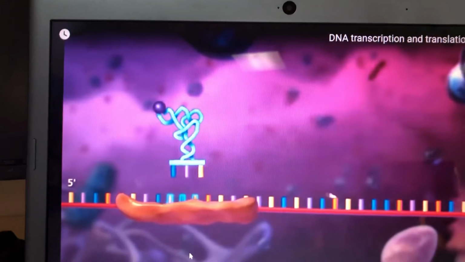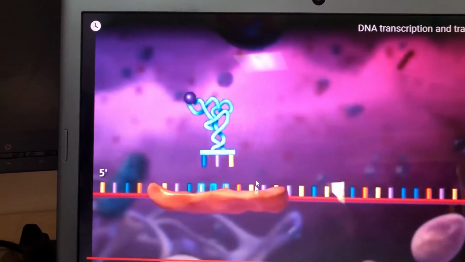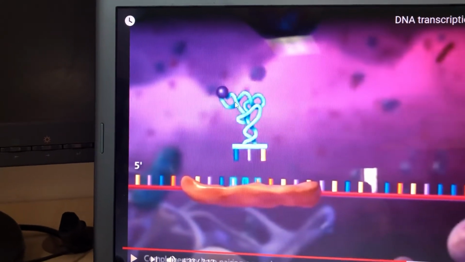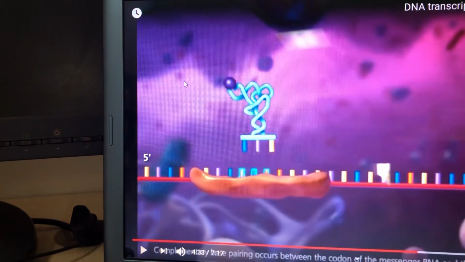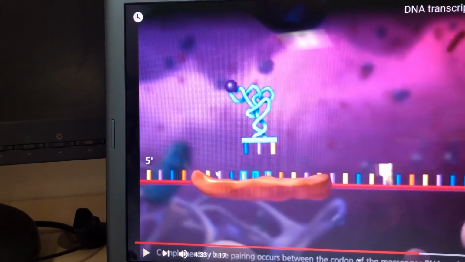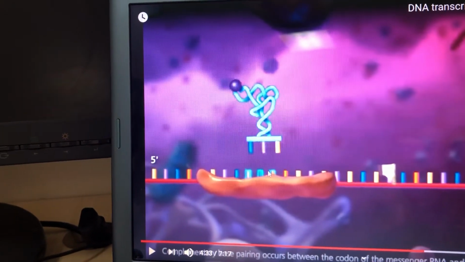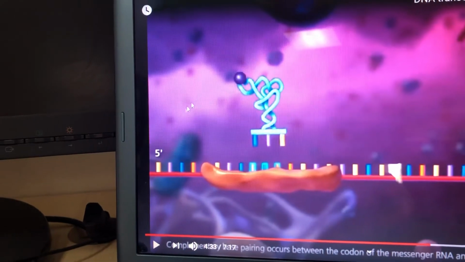So, translation needs three parts. The first part is the ribosome, and the second part is the tRNA. tRNA is the transfer RNA, which transfers amino acids from the cytoplasm to the mRNA strand. And the ribosome has two parts, the small part and the large subunit.